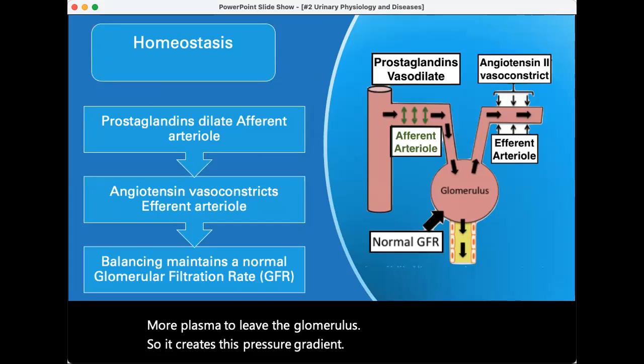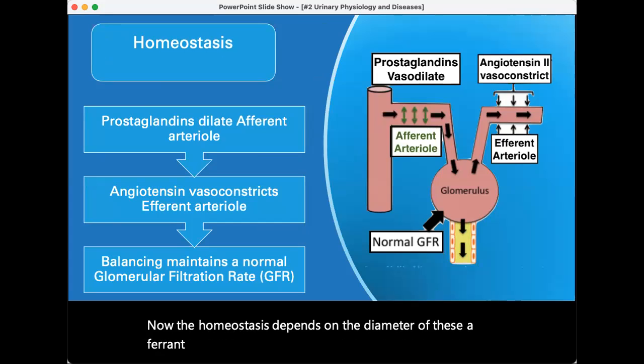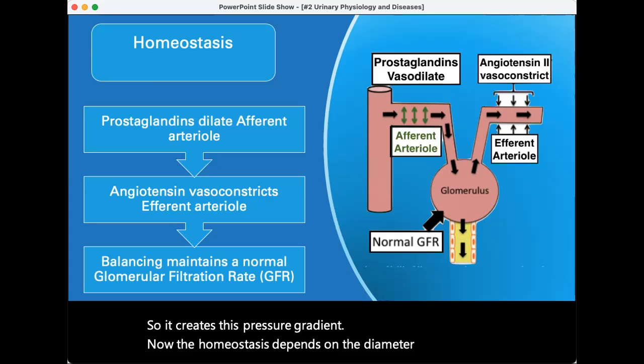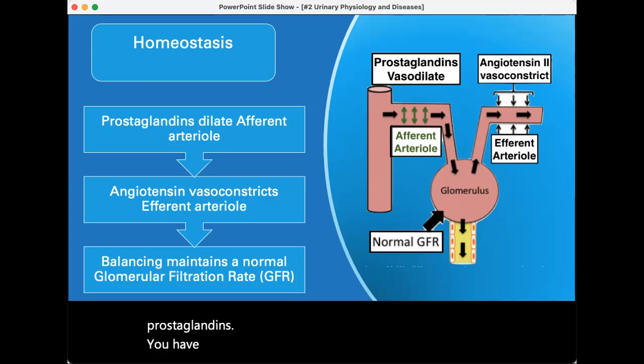Now the homeostasis depends on the diameter of these afferent and efferent arterioles. Prostaglandins are chemicals that vasodilate that. So with prostaglandins, you have more blood flow going to the glomerulus.